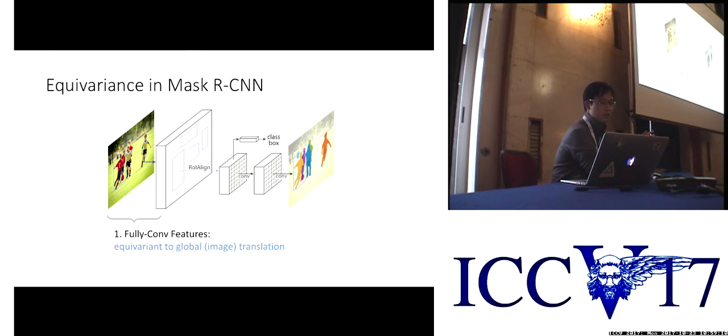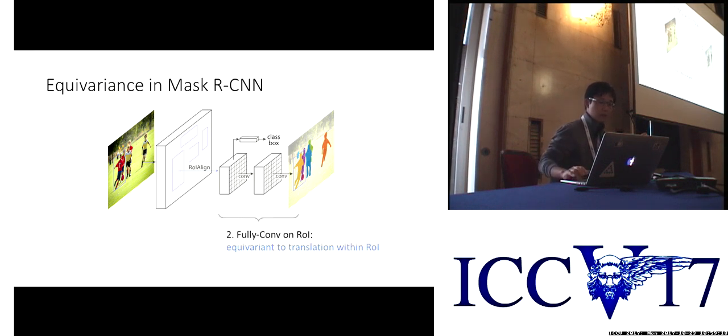It just means if you translate the image globally, you will have the feature map translated globally. And in the case of Mask R-CNN, there is another degree of equivariance, which is the fully convolutional layers applied on the ROIs. This means the Mask R-CNN system introduced some equivariance into the translations within the ROIs.